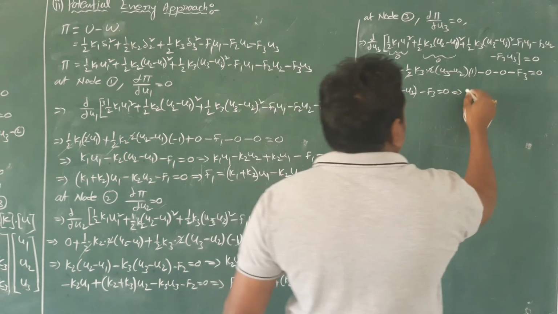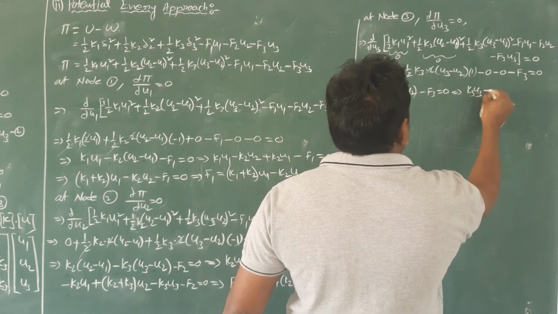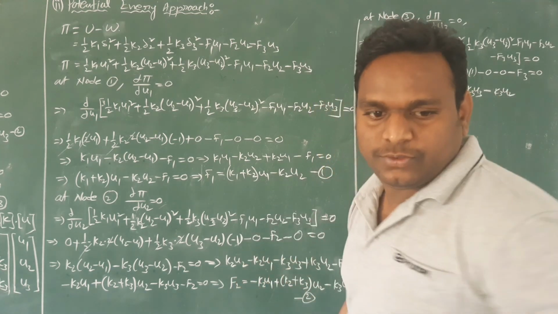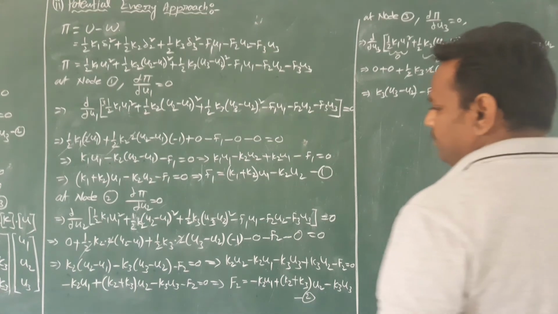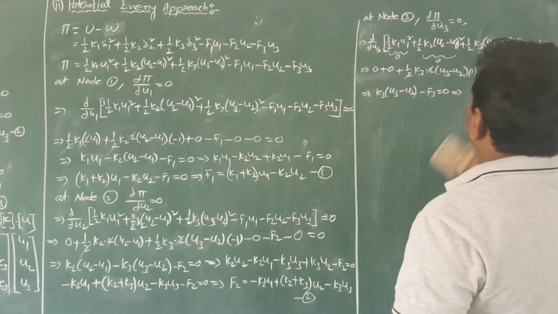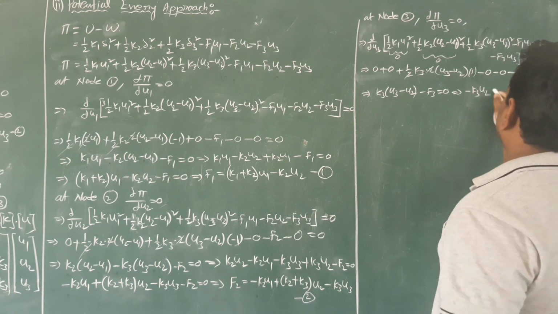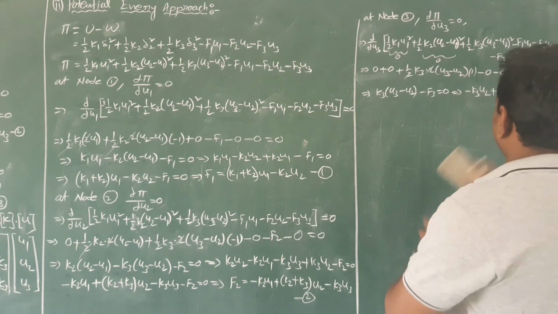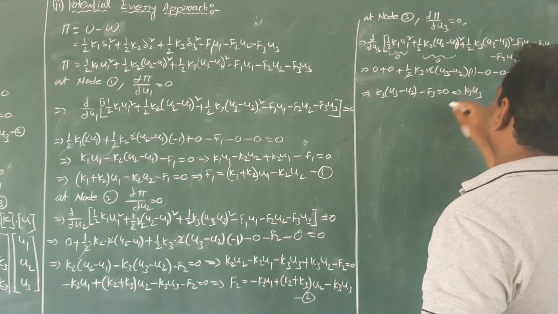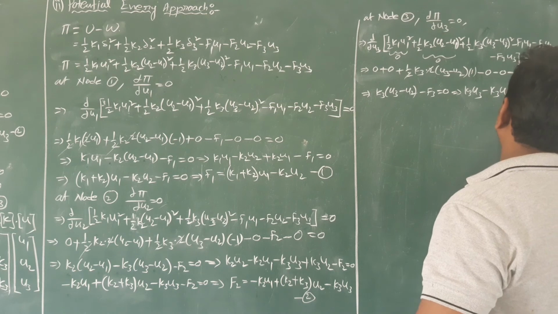This will become k3 u3 minus k3 u2 minus f3 is equal to 0.